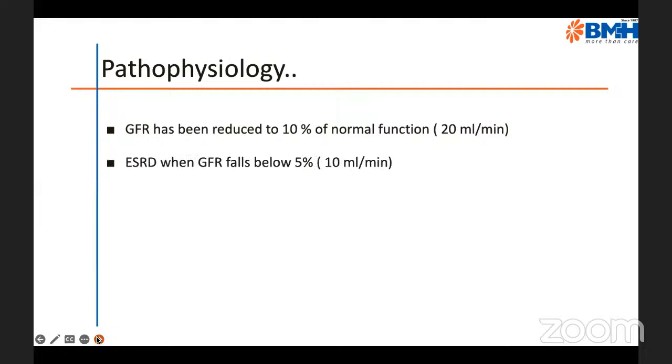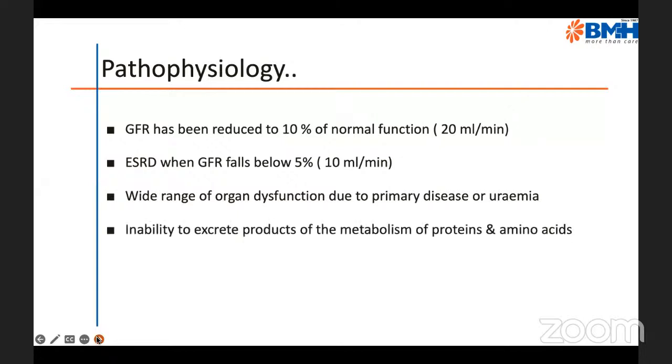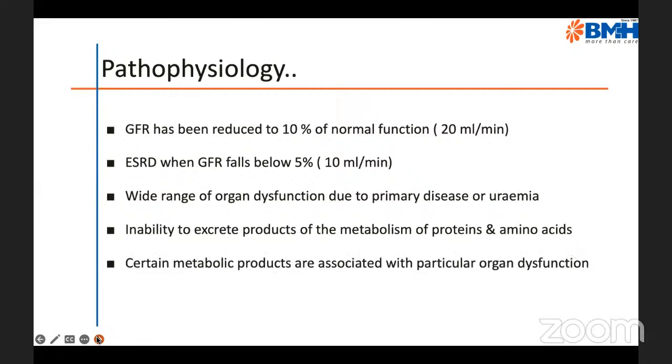End-stage renal disease means the GFR falls to 5%, around 10 ml per minute. There is a wide range of organ dysfunction due to the primary disease, like chronic hypertension or diabetes, or due to the effect of uremia. Uremic patients have an inability to excrete products of the metabolism of proteins and amino acids.